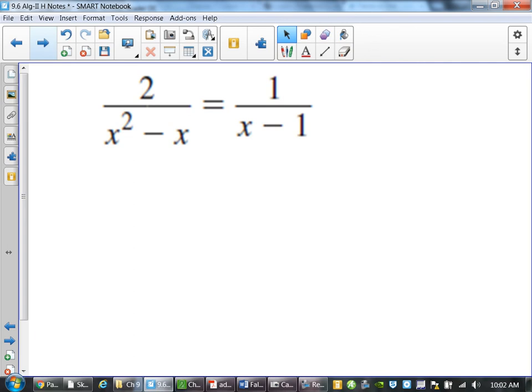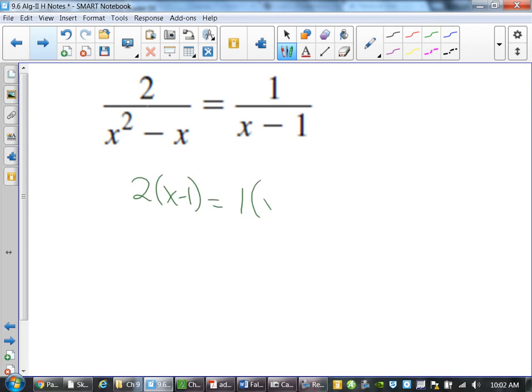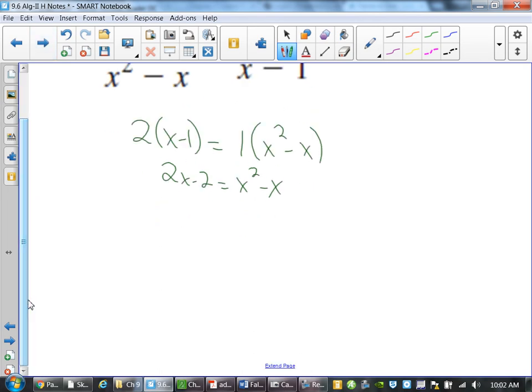Same basic principle. We have a fraction equal to a fraction, so I get 2 times x minus 1 equals 1 times x squared minus x. Set it equal to 0, and what should you get? Well, subtract 2x, add 2.